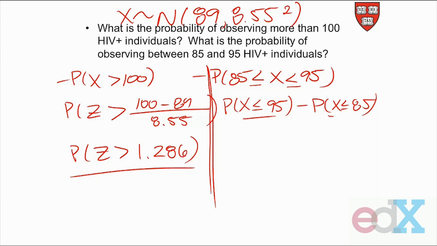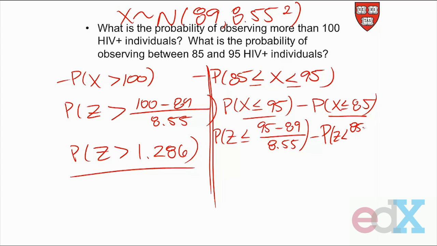But again, we have to standardize these two, so it would be the probability that z is less than or equal to 95 minus 89 divided by 8.55 minus the probability that z is less than 85 minus 89 divided by 8.55.